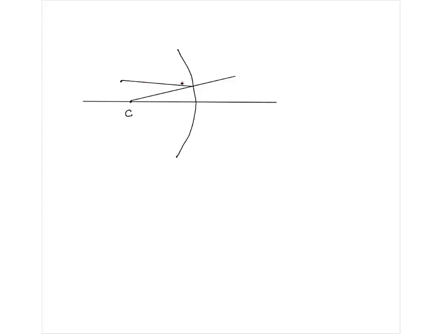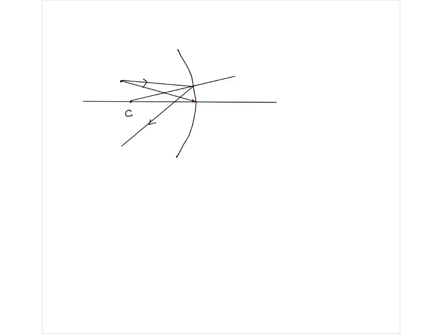Normal, incident ray, reflected ray are in the same plane. This angle is equal to that angle. Right? So you got one reflected ray. And likewise, one more you can take. I think it's very convenient to take the straight one, the one which goes like this.